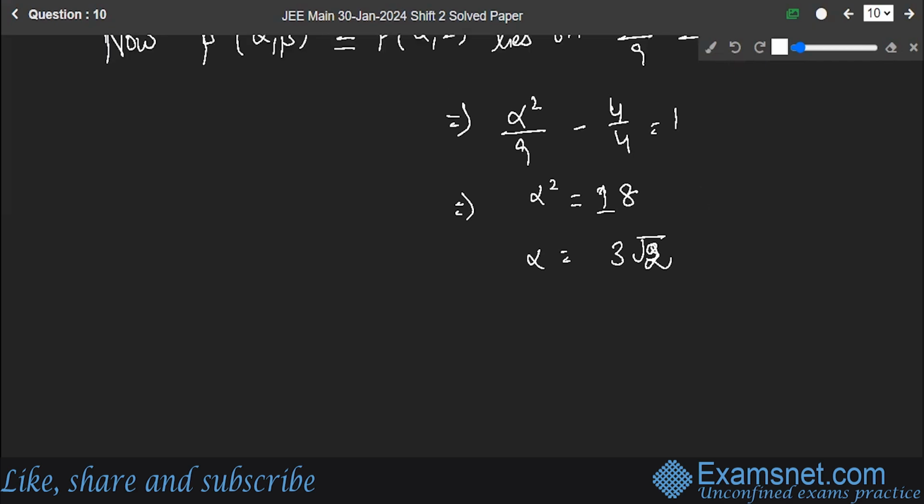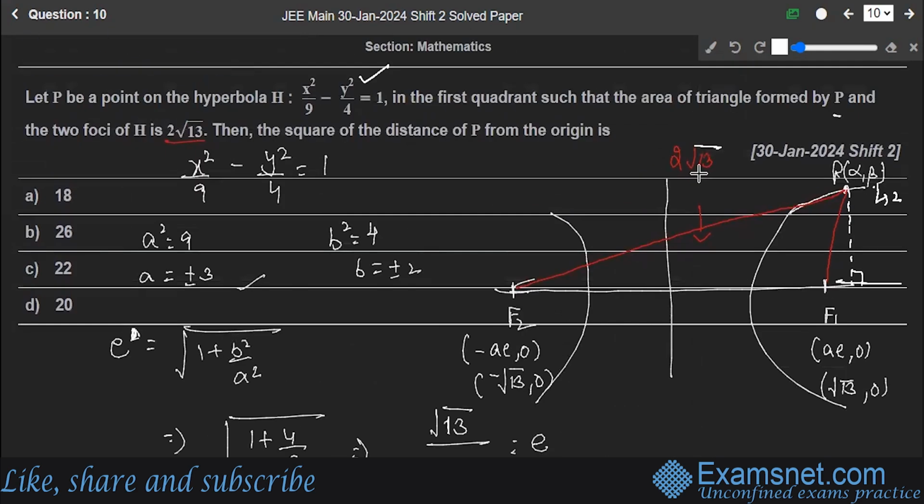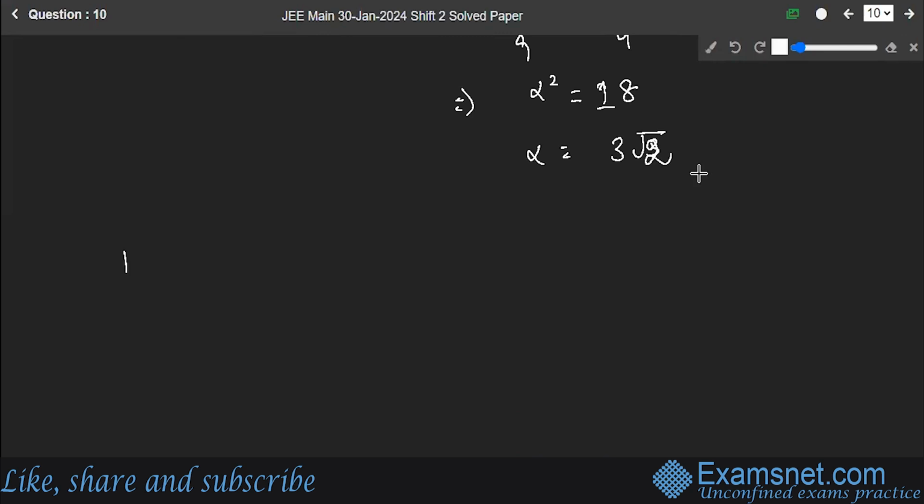Right. And now what I want is the square of the distance of P from the origin. So easy now. We got P, that was (alpha, beta), and alpha came out to be 3 root 2. And what was the beta? It was 2. And origin is having (0, 0).